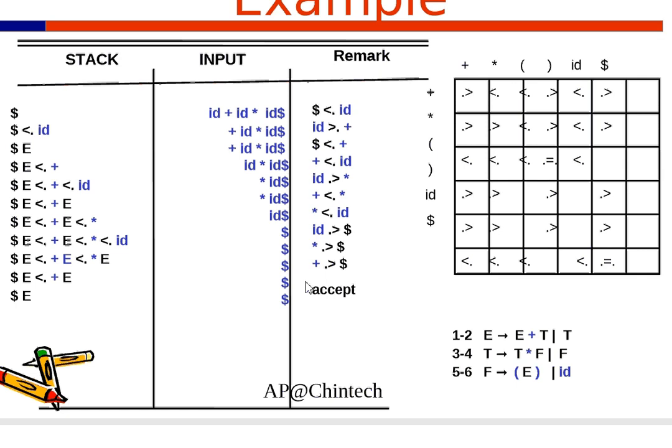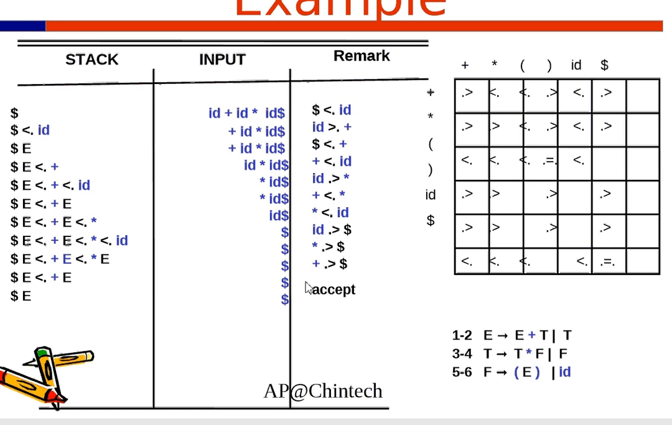Next is plus and ID and star. ID and star will be the greater than symbol. So you will reduce, popping up to the less than symbol. That is your ID. So ID is the handle. You reduced it, it will become E there. Right.